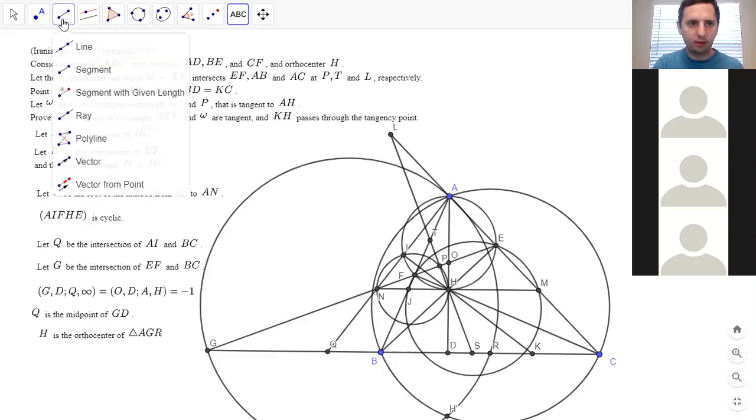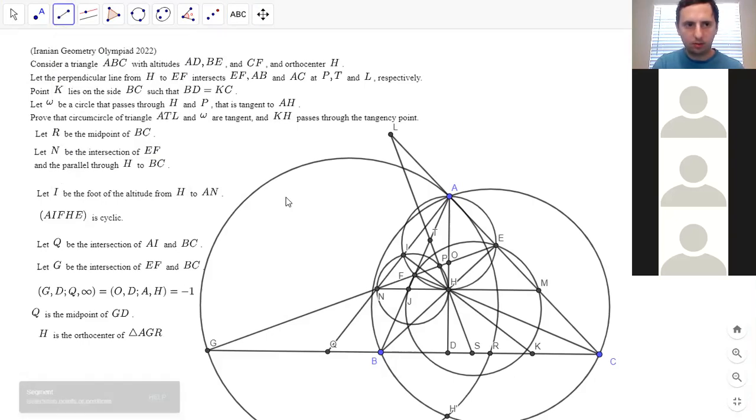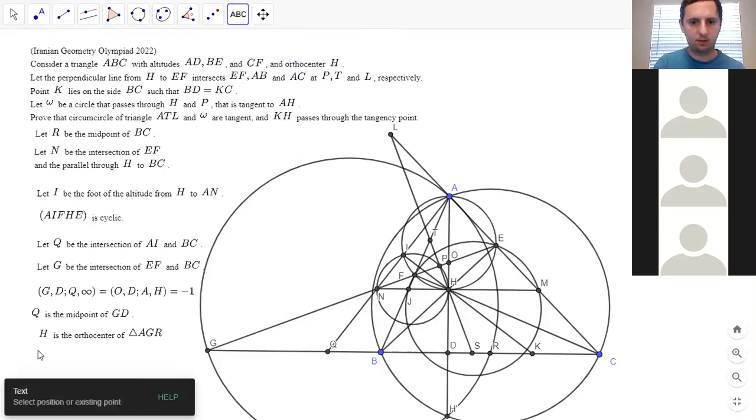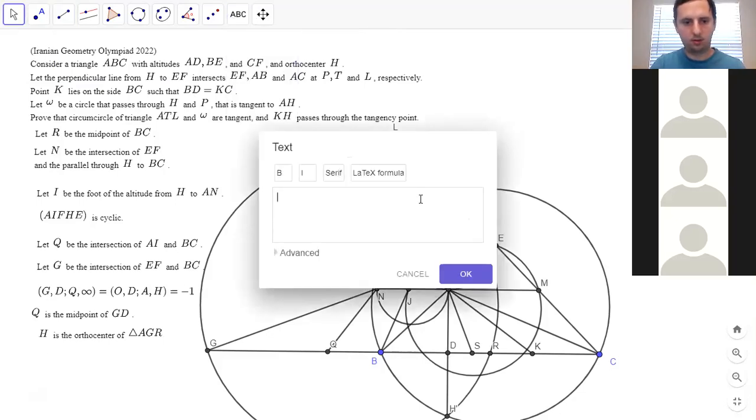I'll say let H prime be the intersection of those two circles. So let AGR and ABC meet at H prime.